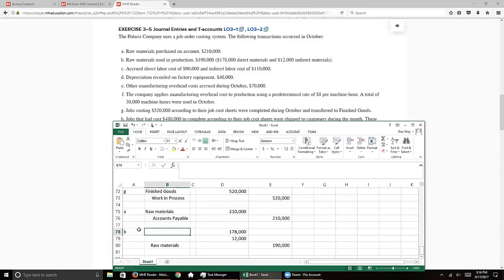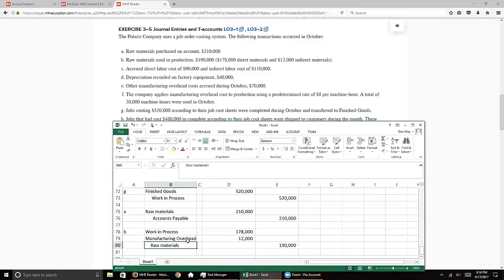I just need to figure out where to put those. So direct costs, we said, we'll dump those directly to work in process. And then any indirect manufacturing costs, we need to push through the manufacturing overhead account. And that's 100% of the time guaranteed. Indirect manufacturing costs need to hit manufacturing overhead. Direct manufacturing costs, we can dump directly into work in process.